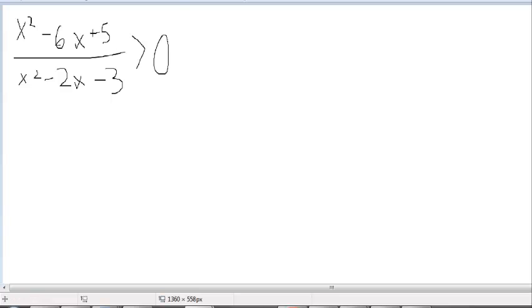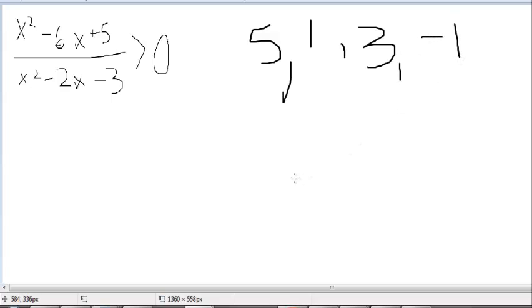First we have to take our important values. Our zeros, which we know were 5 and 1, and our vertical asymptotes, which we know were 3 and negative 1. We're going to put these into a chart, but first we have to order them from smallest to greatest. So we have negative 1, 1, 3, and 5.